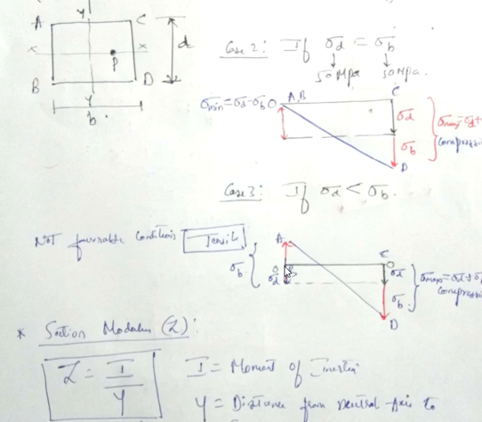First I am representing direct stress up to this point. Direct stress is compressive in nature, so I am taking it downward direction. Say it is 30 megapascal. But when I am considering bending stress, it is negative in nature and the value is 70. So tensile stress I am going to take from this point to upward direction. From here to here it will be 30, but total is 70.